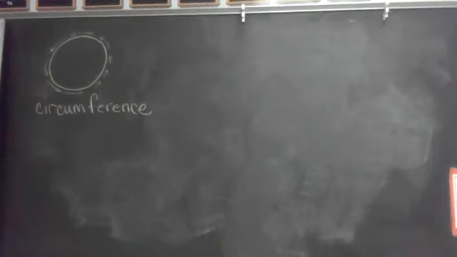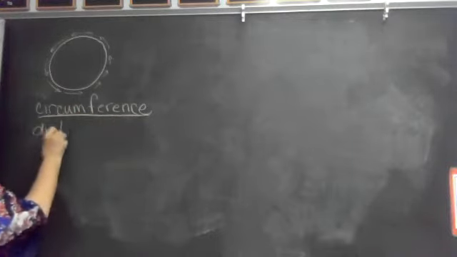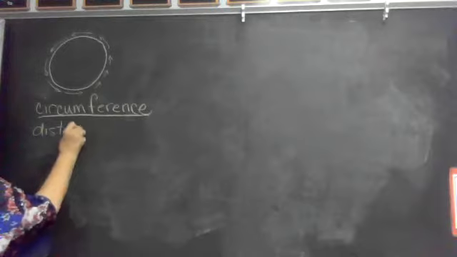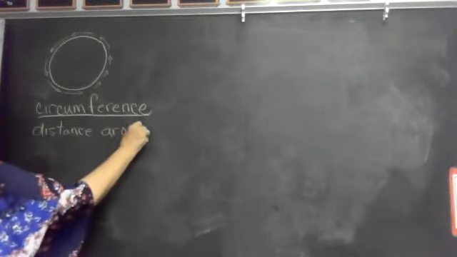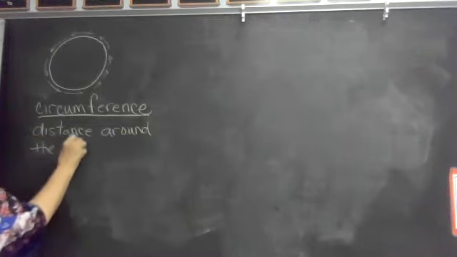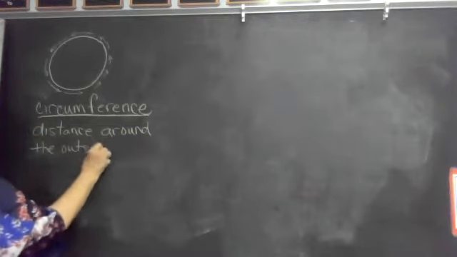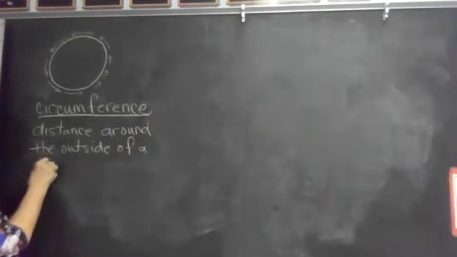One of those words, right? Circumference. That's the distance around the outside of a circle.